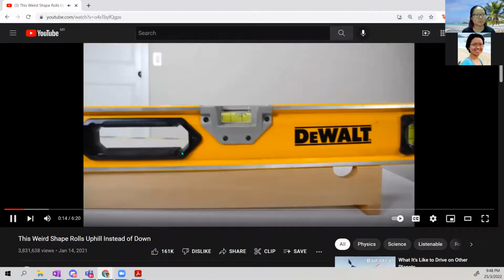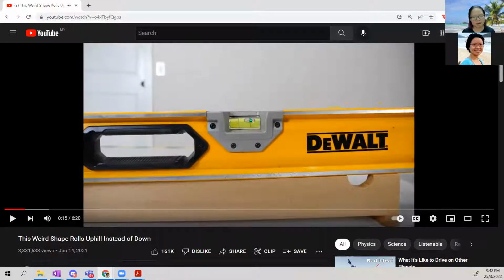When the bubble is in the middle, it means that it's perfectly flat. So he is showing us that this thing is at an incline, so the bubble is on top, showing that this side or this side is higher than the other side, so the bubble will shift. If this is perfectly flat, the edges of the bubble will touch these two lines.